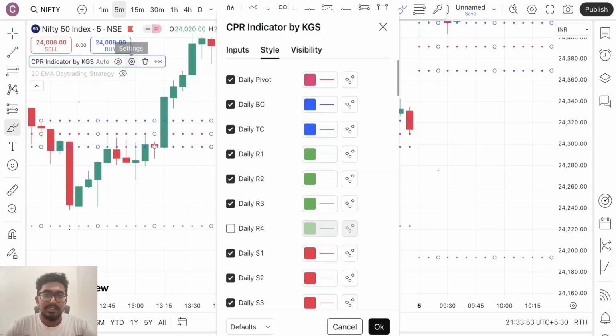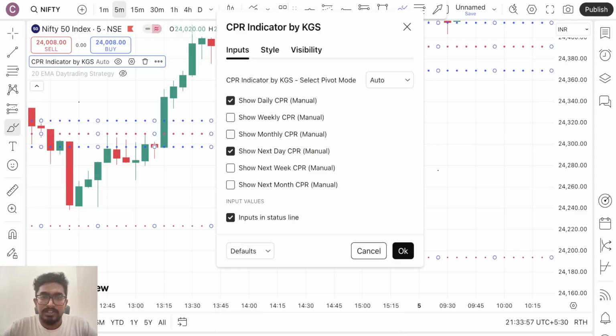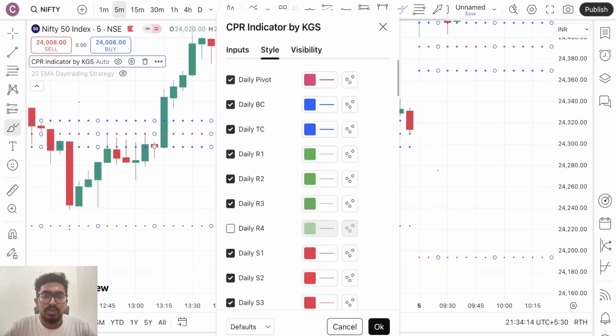Go to settings. In the inputs, you can use show daily CPR manual and show next day CPR manual, and then input a status line. Just click this, and then go to style.